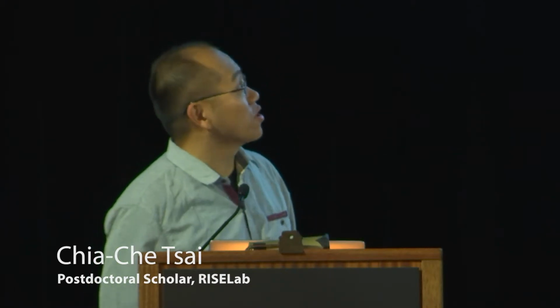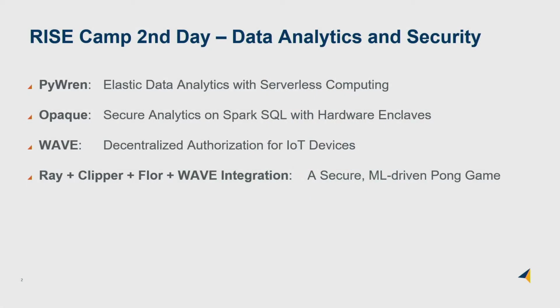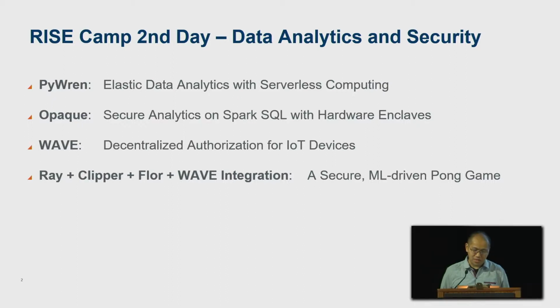The second day of the RISE camp will be focused on data analytics systems and security. The first session will be about PyWren, which is a system for elastic data analytics with serverless computing, followed by the PyWren tutorial. Then we'll have the break, and next we'll talk about Opaque, which is a system for secure analytics on Spark SQL, protected with hardware enclaves.